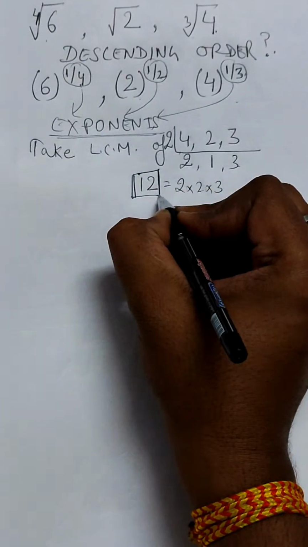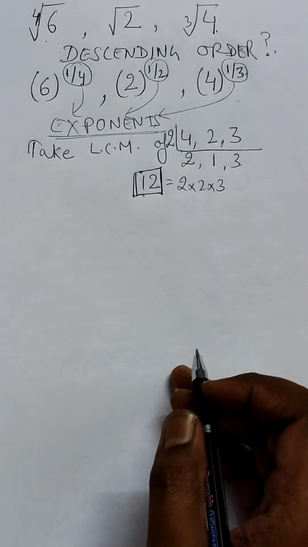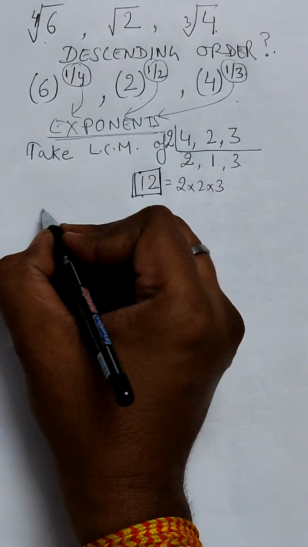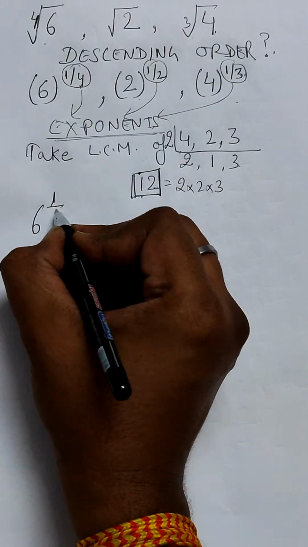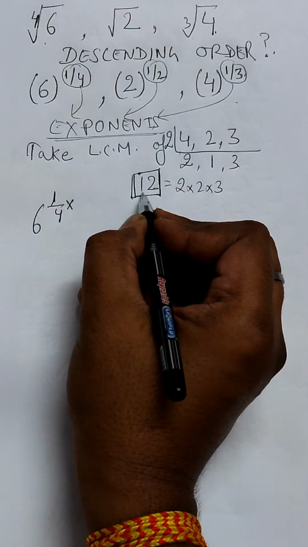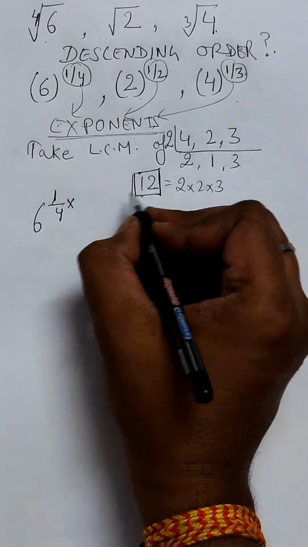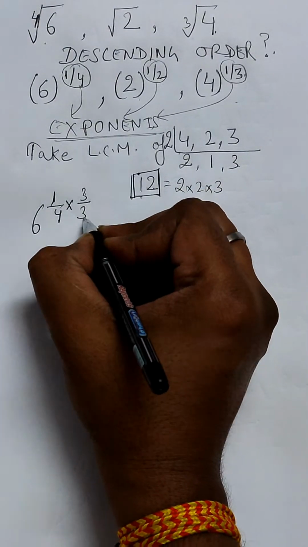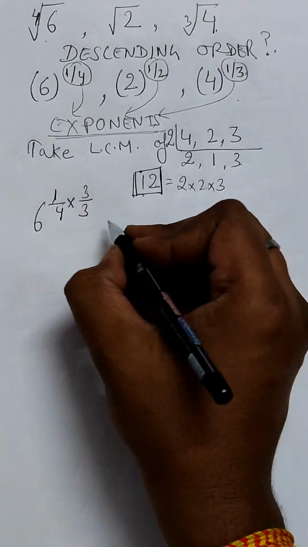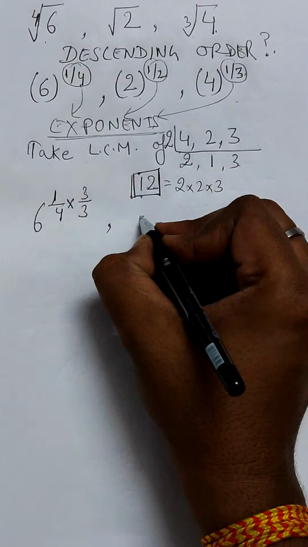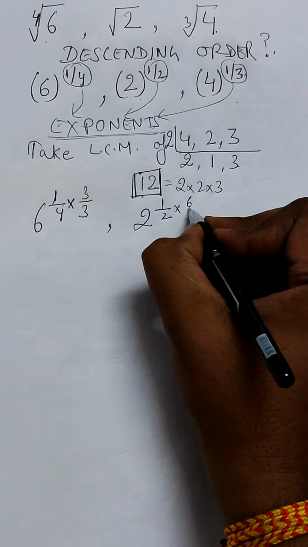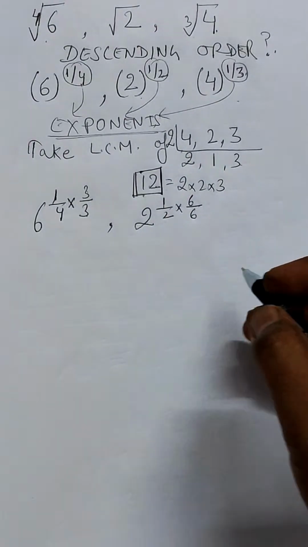To convert into like fractions, 6 power 1 by 4 needs to bring the 4 into 12, so multiply by 3 in numerator and denominator. Similarly, for 2 power 1 by 2, multiply with 6 in numerator and denominator.